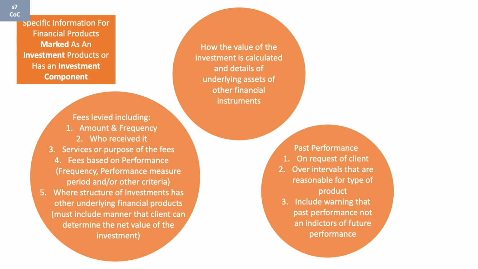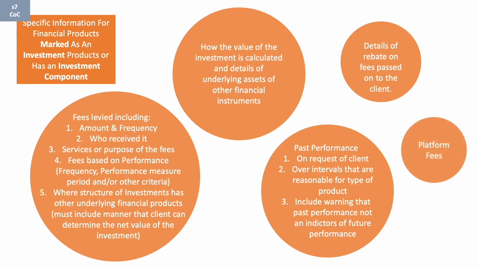Over intervals that are reasonable for type of product. And 3. Include a warning that past performance is not an indicator of future performance. We also need to disclose the details of any rebate on fees passed on to the client. Lastly, any platform fees that are being charged to the client.